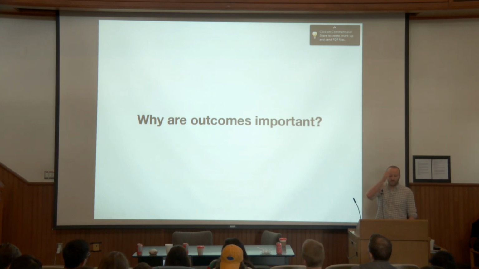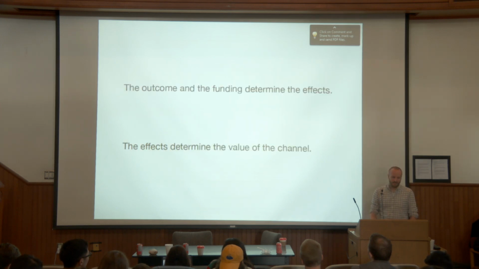So why are outcomes important? Why am I introducing this notion of an outcome? This is really about the logic of state channels. In a state channel, the reasoning you do is: the states that I hold, the things that have been sent to me and the things that I've sent to other people, mean that I can attain this outcome on chain, and this outcome means I'll get these effects.